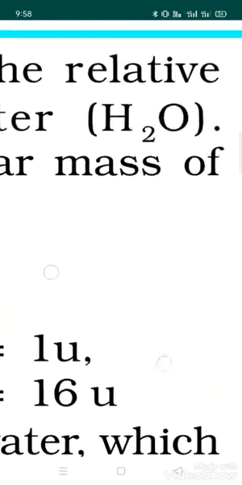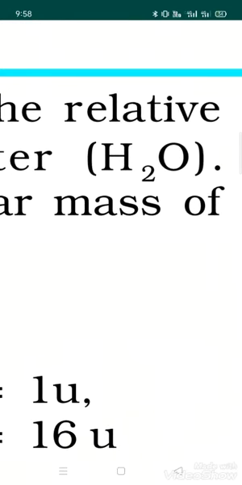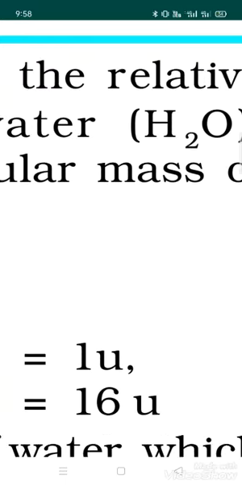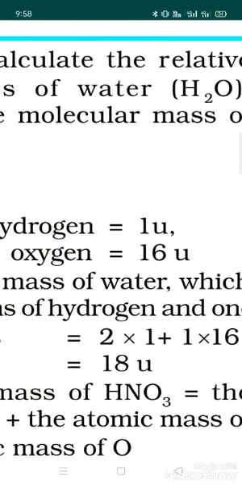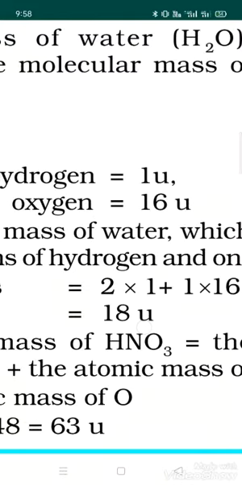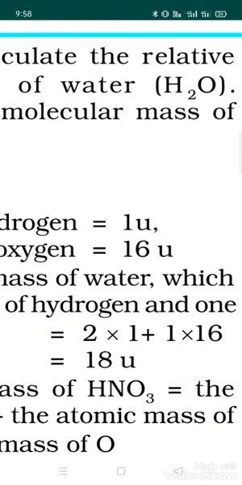So we have to just add the atomic mass of hydrogen with the atomic mass of oxygen. We already know the atomic mass of hydrogen is 1 U, and the atomic mass of oxygen is 16 U.